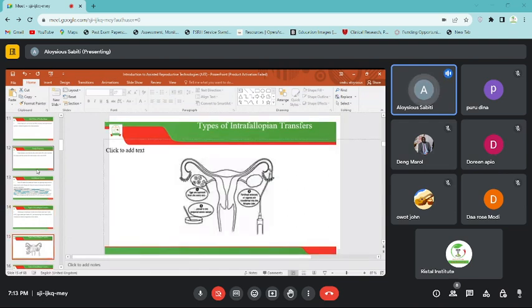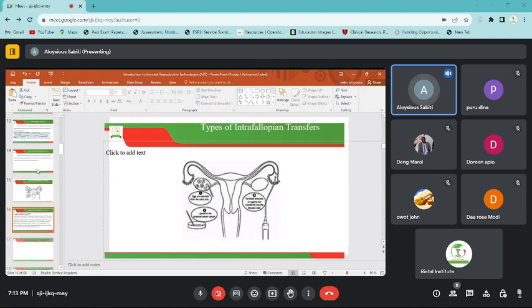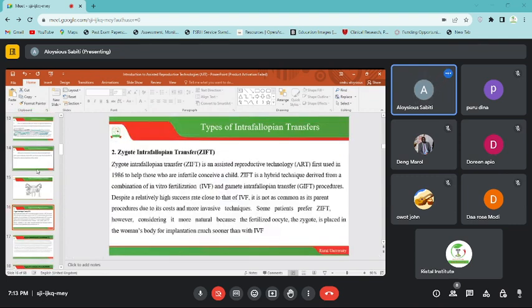And then we looked at how the intrafallopian transfer occurs, but we're going to be able to look at it again in here. So for those who did not have a glimpse of what we covered yesterday, there is a slide in here that I have just put so that we can further understand the key types of intrafallopian transfers.